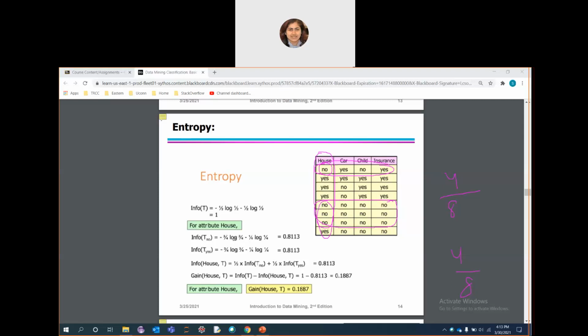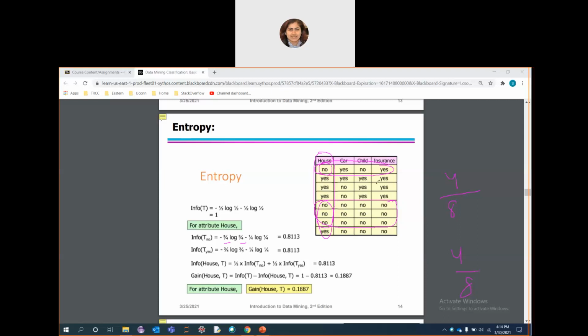Depending upon how much proportion of the attribute values are associated with the given no, out of total 4 no's, only 3 no's are associated with the no of the insurance. That is why we have 3 divided by 4 here, P log P, from whichever is associated with no.